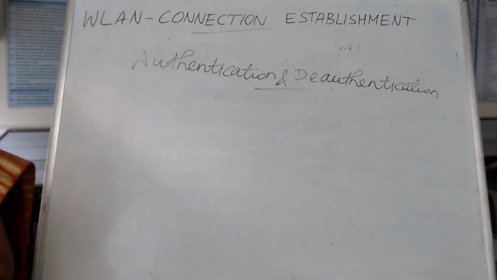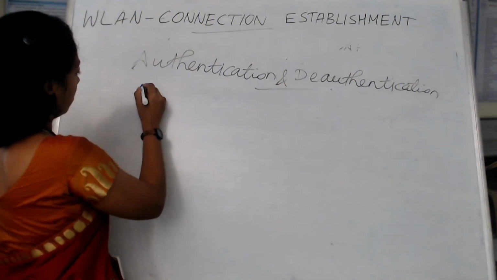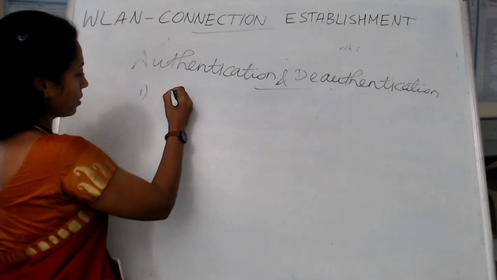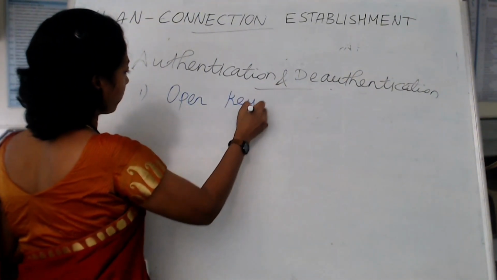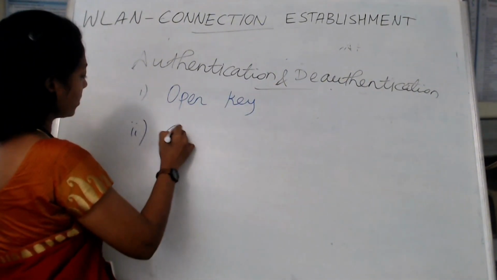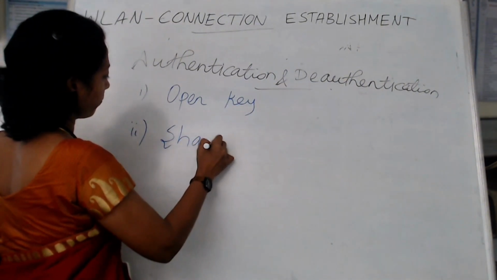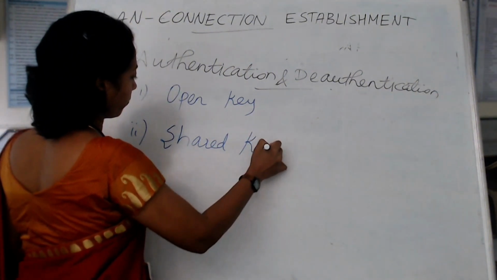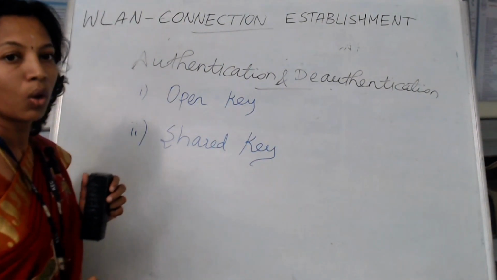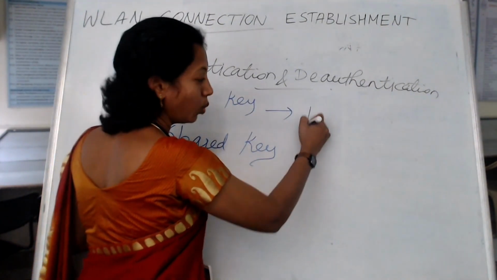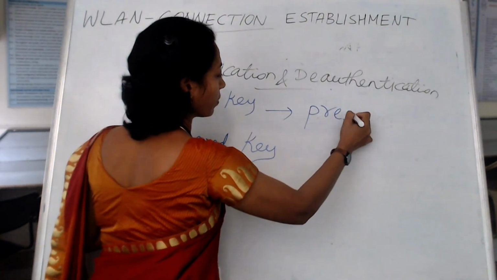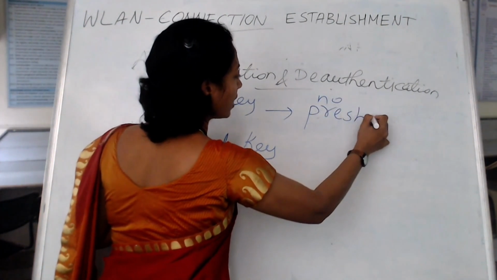Authentication can be done in two ways. One is the open key and the other one is the shared key. In the open key technique, there is no pre-shared key.